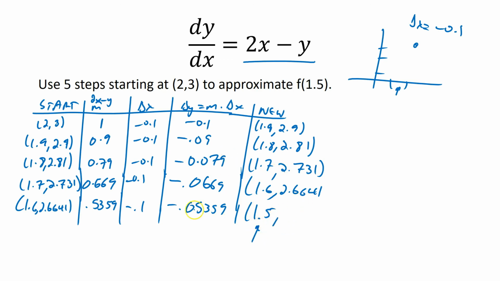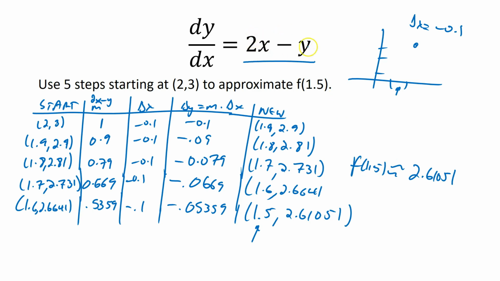And then our f of 1.5 is going to be approximately 2.6641 minus 0.05359, which is 2.61051. Now, of course, we want to make sure to give 3 decimal places at least, but this is an exact answer, so I might just skip that. So f of 1.5 is approximately equal to 2.61051. It's an approximation, of course, and we don't know anything about the second derivative here.